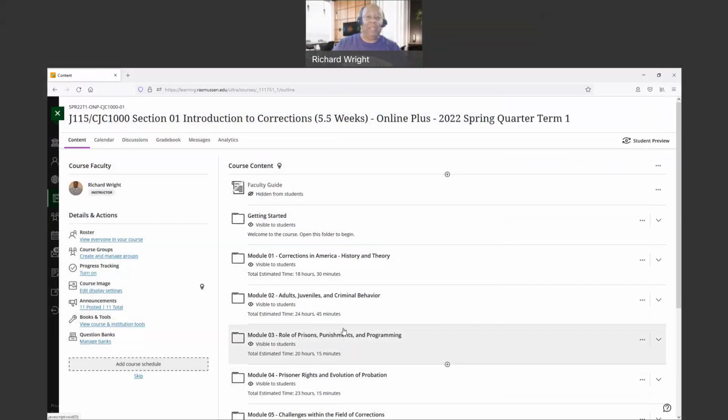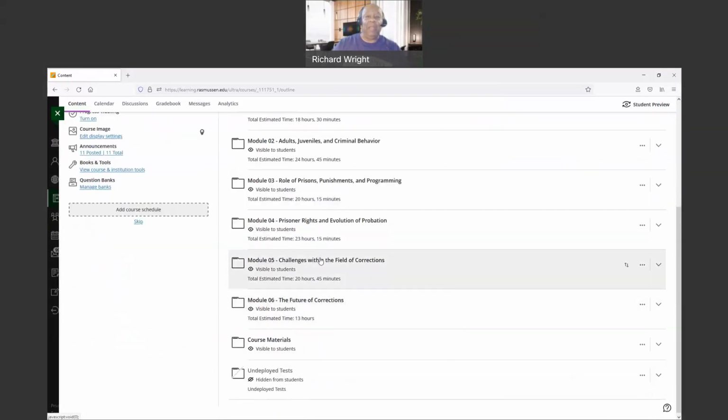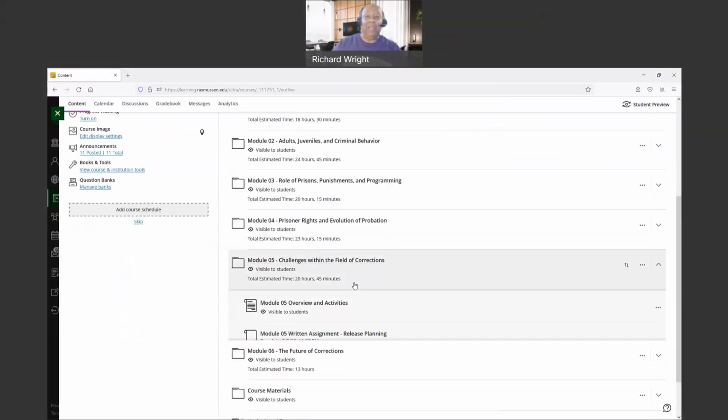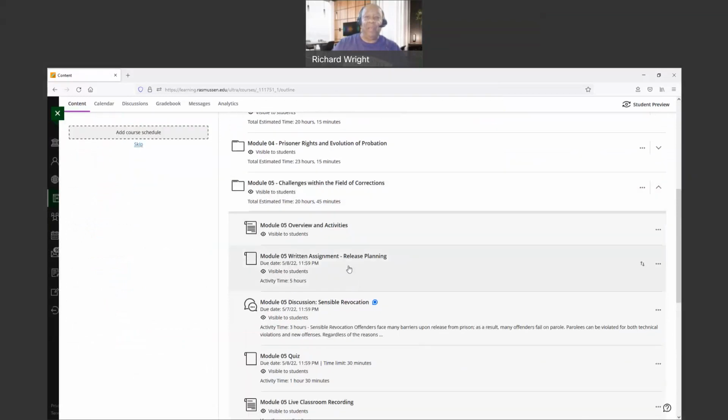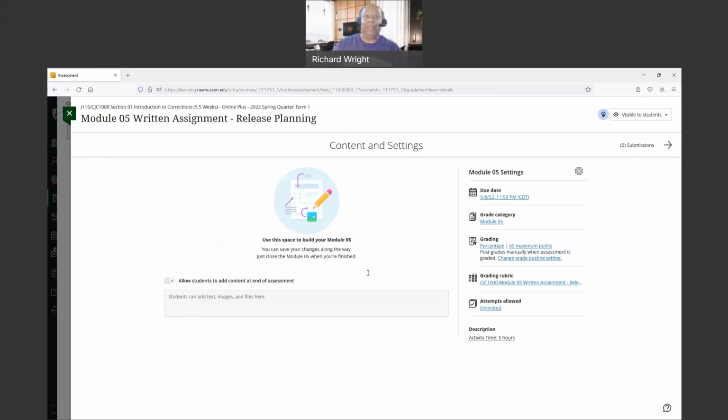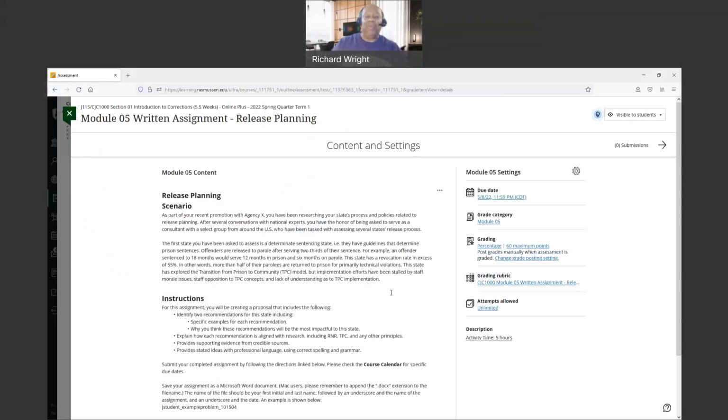Okay, so let's take a look at the challenges within the field of corrections. But first, let's look at the written assignments. So we're dealing with release planning. In release planning, it means what it says. You're talking about planning for the release of the individual. And you're going to use the scenario above.